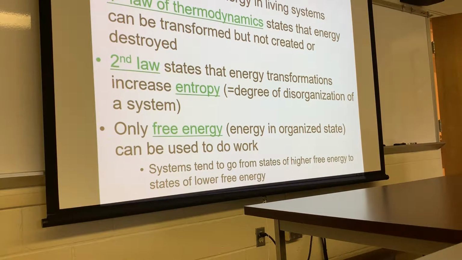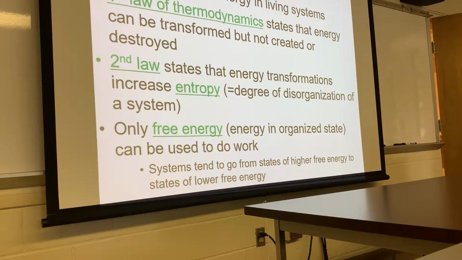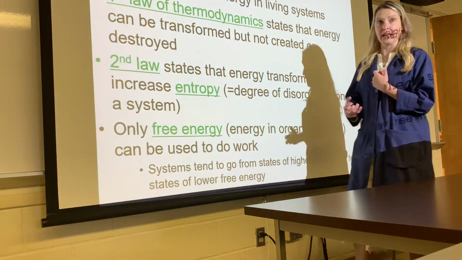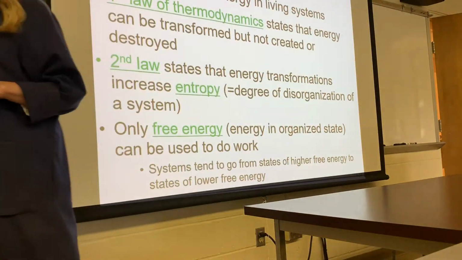The leaves on the trees can take that light energy through photosynthesis and make glucose. We could take a leaf, well, probably wouldn't be too good, but we could eat it. And our bodies would take the glucose energy that's in the leaf and convert it to the energy form that we can use, which is ATP.